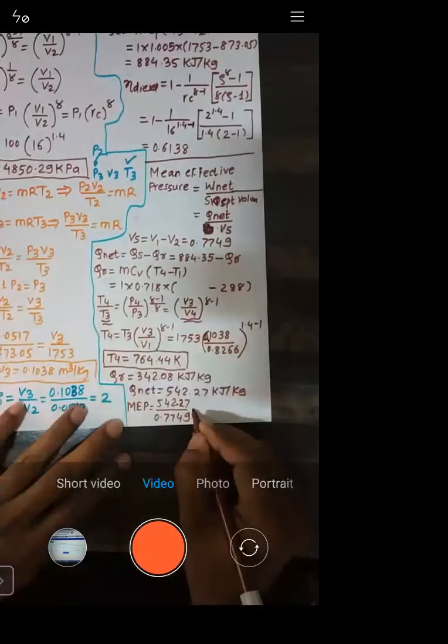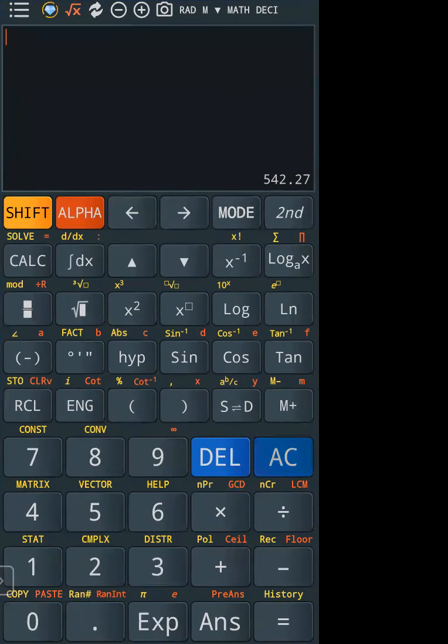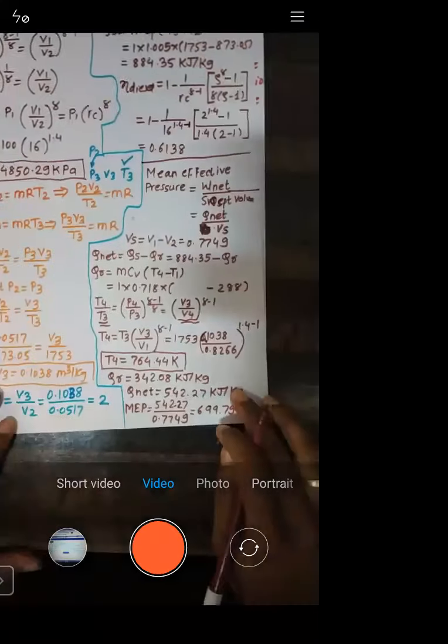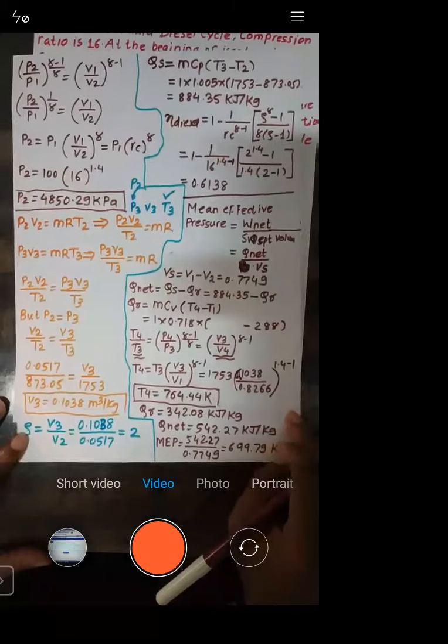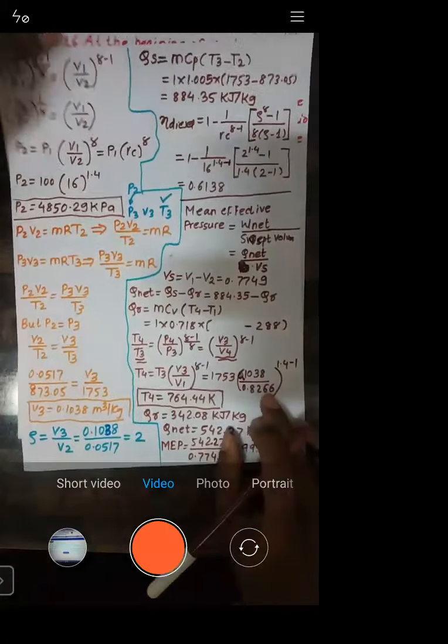So 542.27 divided by 0.7749 is 699.79 kilopascal. So this is the mean effective pressure. Is that okay, all of you? Let me know.